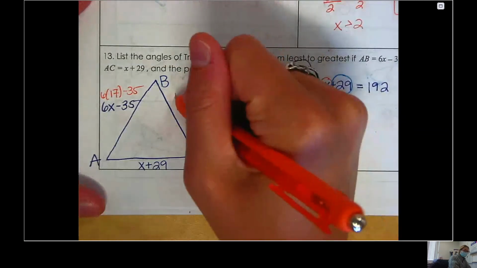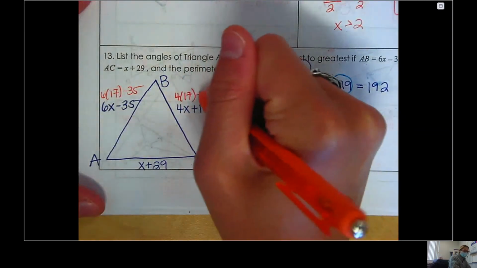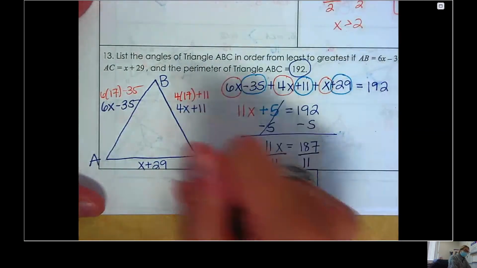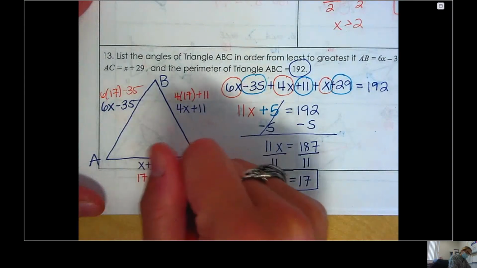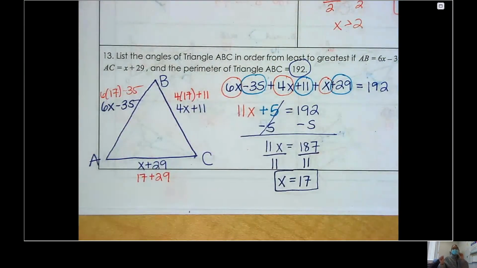So I have to do 6 times 17 minus 35. 4 times 17 plus 11. 17 plus 29. So I have to plug that 17 into every single x, substitute it in.